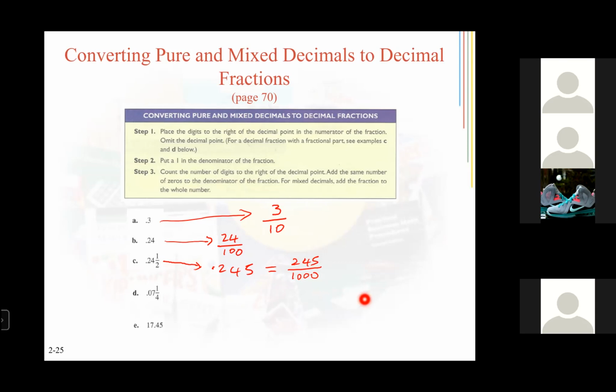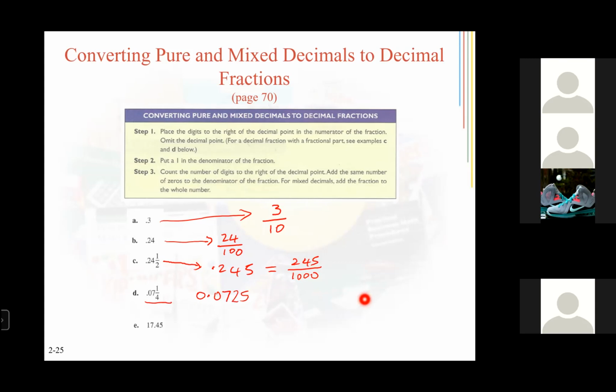Looking at this next one, since you asked about the 3/16, before you put it into fraction form, let's convert it to just a decimal. It could be 0.07, and the quarter would be 0.25. So that's 0.0725.